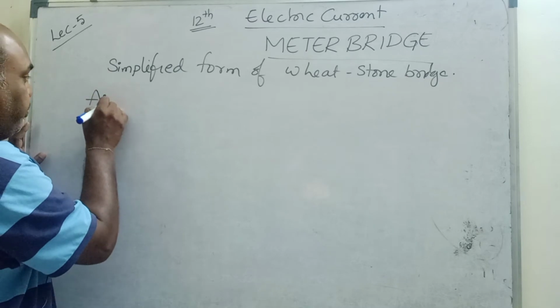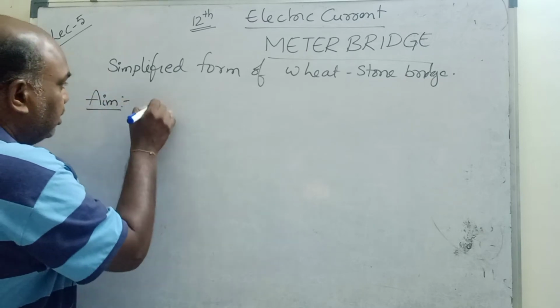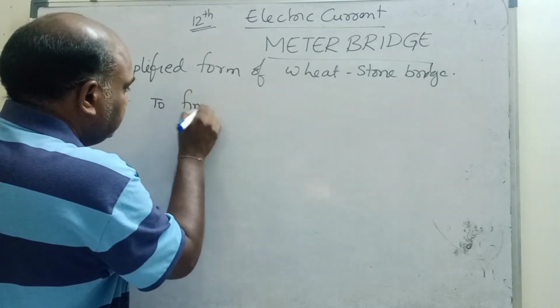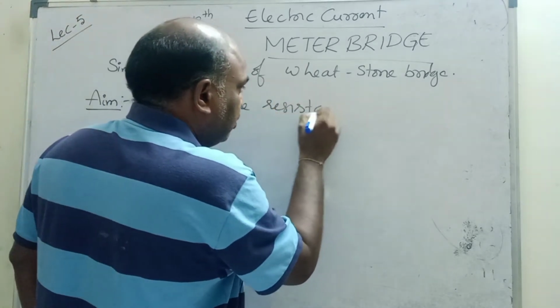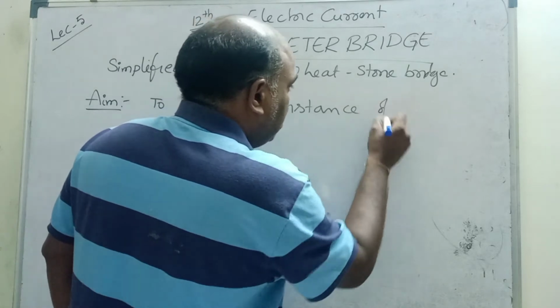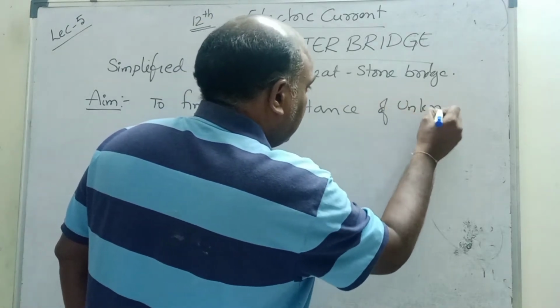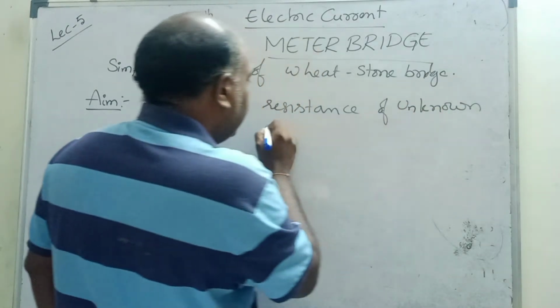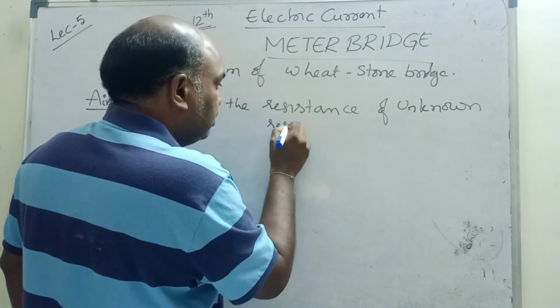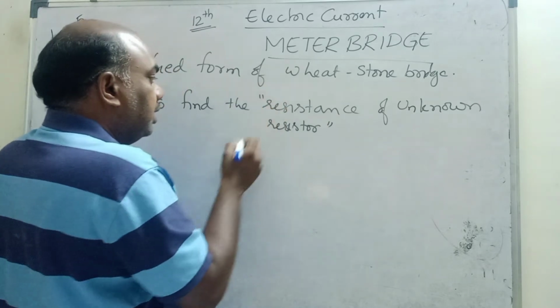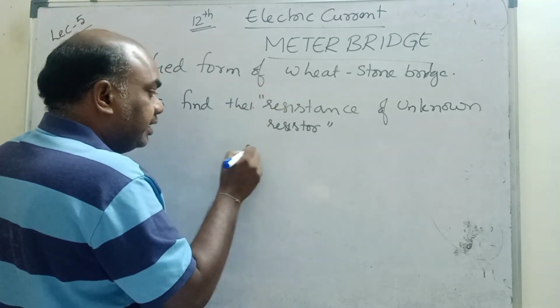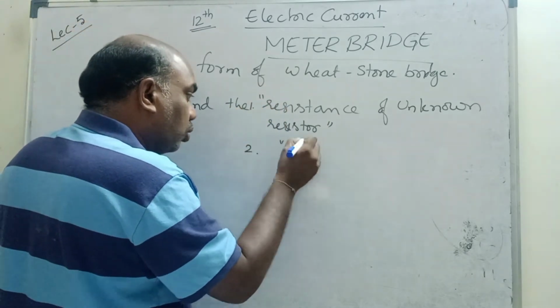First of all, the aim is to find the resistance of an unknown resistor. This is the first use. Number 2, the second use is to find the resistivity rho.